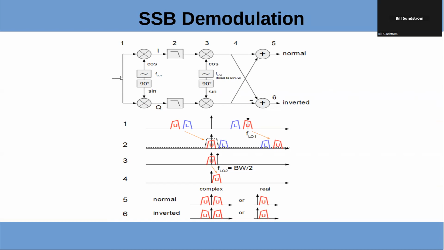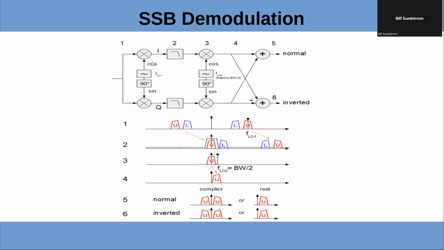So we have a signal coming in, and this would normally be your intermediate frequency. And you feed it into two different mixers, and they're being modulated with a variable frequency oscillator, which is what you're tuning it to, in phase and 90 degrees out of phase.